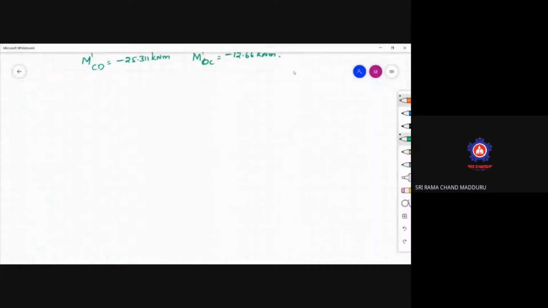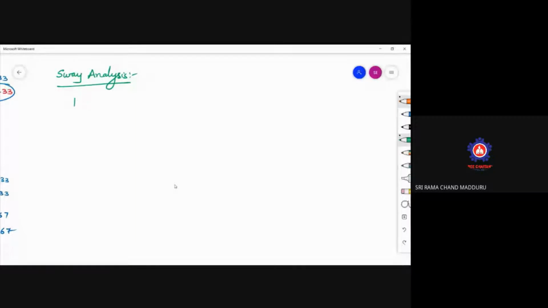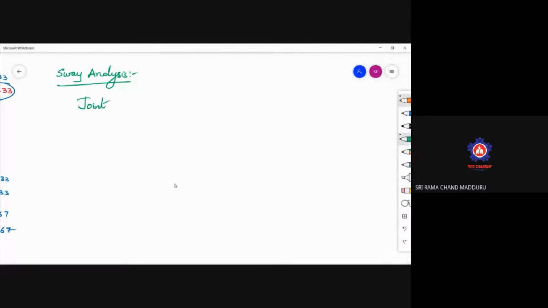Now we need to go with the sway moments. So I am writing here sway analysis. Here in the sway analysis, I will prepare a tabular form. First of all, we'll write down joint, we'll write down member, then fixed end moment. These things are first to be written.